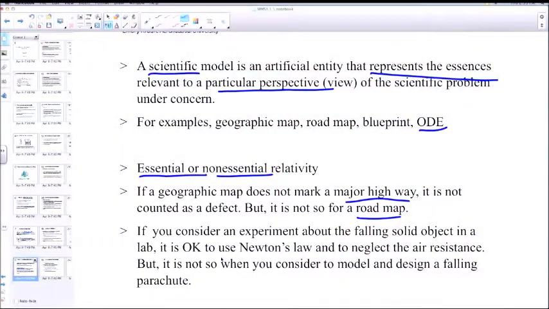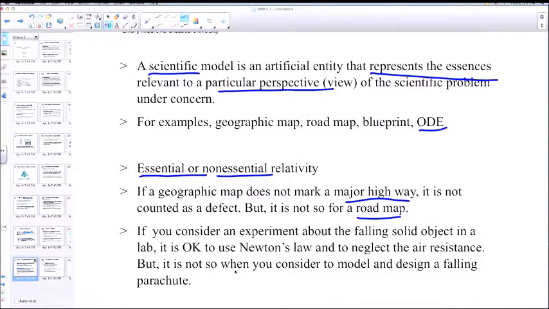This is not a defect of the model, because a geographic map mostly thinks about the rivers, the mountains, the features of the geography. However, if you are thinking about a road map and you cannot find the major highway I-95, that's a big defect. So it really depends on what you consider in the problem.